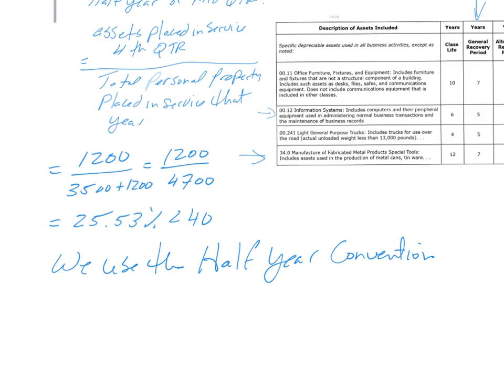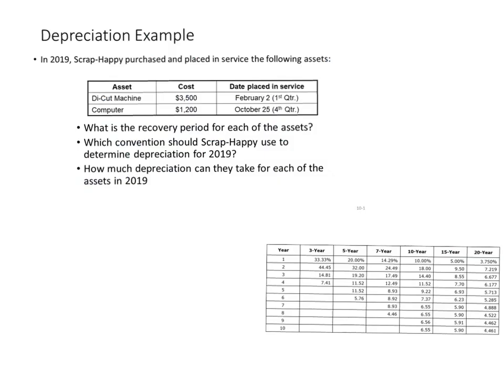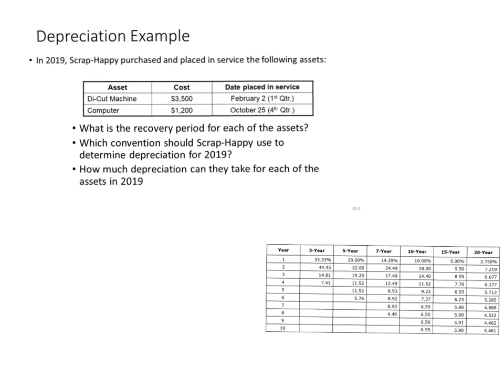All right, so now let's calculate. Now we get to apply what we just looked at and figure out their depreciation. Now that we're on a new slide, we have to remember our recovery periods. The computer is 5 years, and the die cut machine was 7 years.